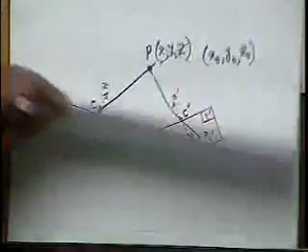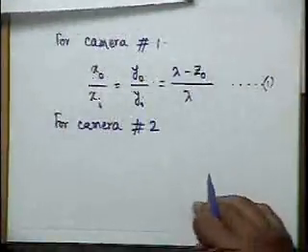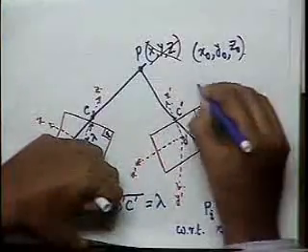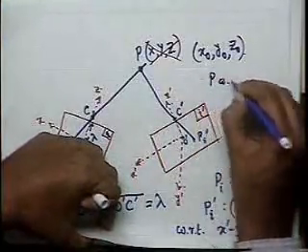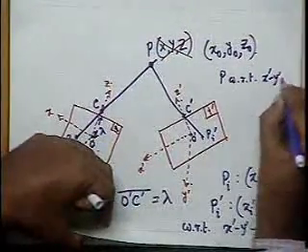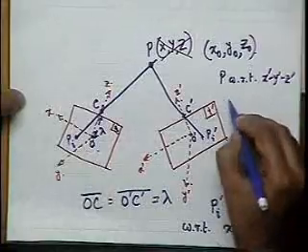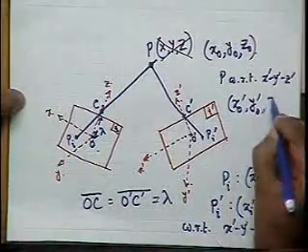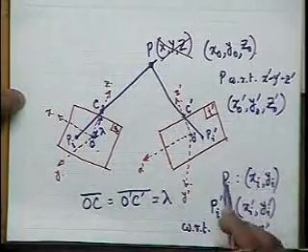So let us say that the coordinate of P with respect to the x prime, y prime, z prime coordinate system is x naught prime, y naught prime, z naught prime.